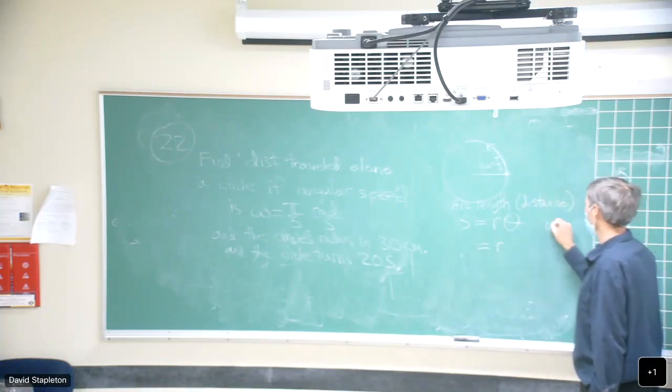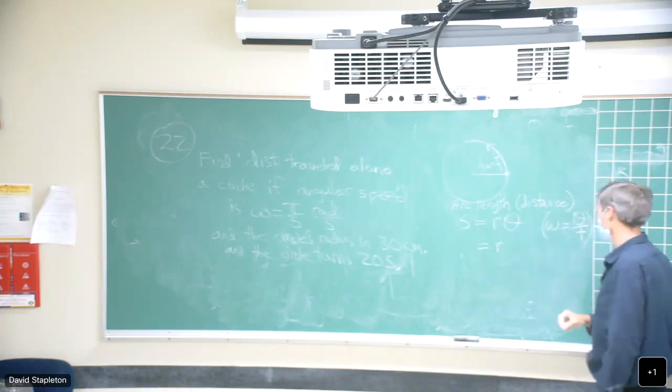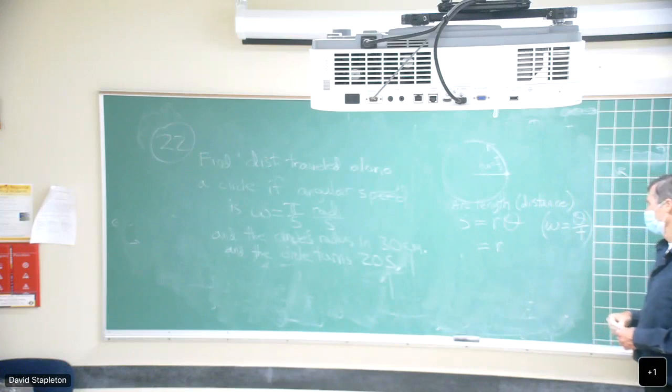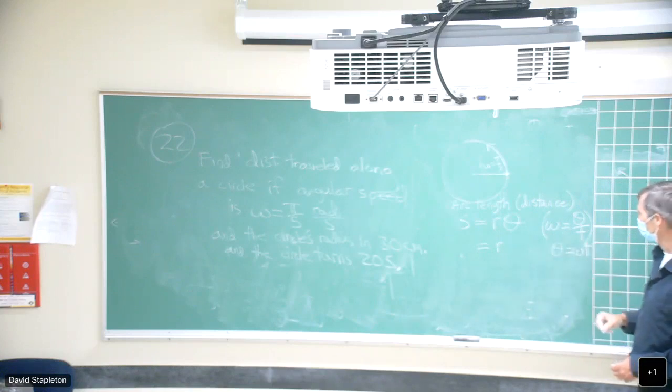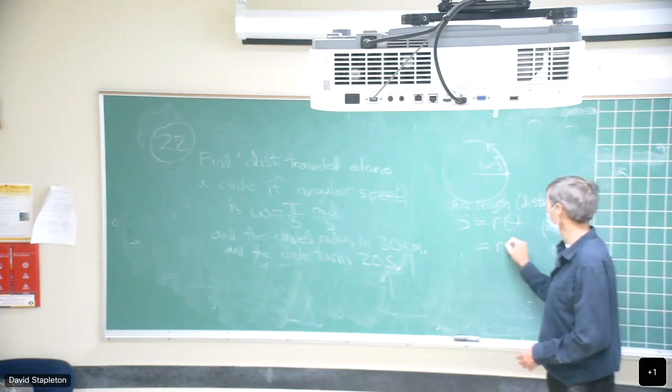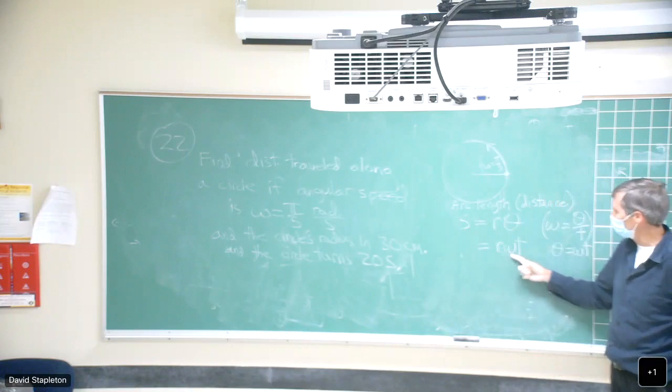You remember that omega is equal to the angle divided by time if it's turning at constant speed. Theta divided by time. And so theta is equal to omega t. I told you these things are tricky, even though they're straightforward. So theta can be replaced by omega t. So the arc length it travels is r omega t.